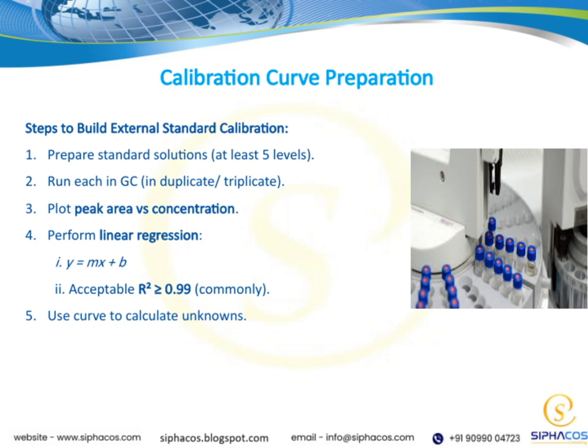Finally, we use this calibration curve to calculate unknown sample concentrations. By measuring their peak areas and plugging those into our regression equation, we can determine the concentrations accurately. This process is fundamental to quantitative analysis in chromatography, ensuring our results are both precise and trustworthy.